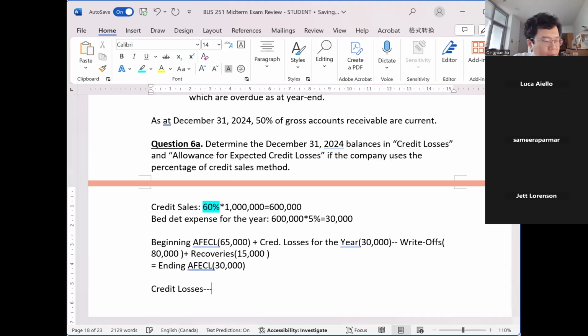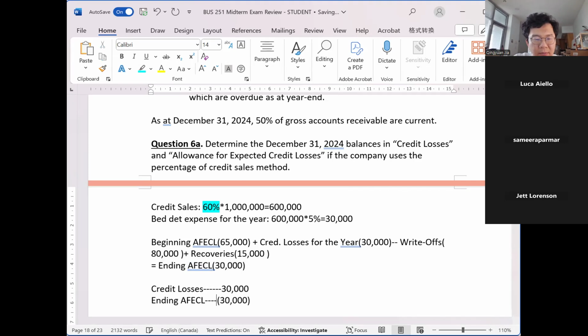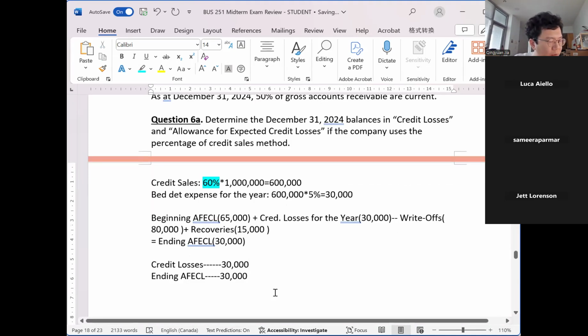So we have credit losses, this one, and we have the AFECL balance, the ending AFECL balance, which is, okay, so it's all 30,000. But this 30,000 comes from different ways. And this ending AFECL is calculated by this equation.